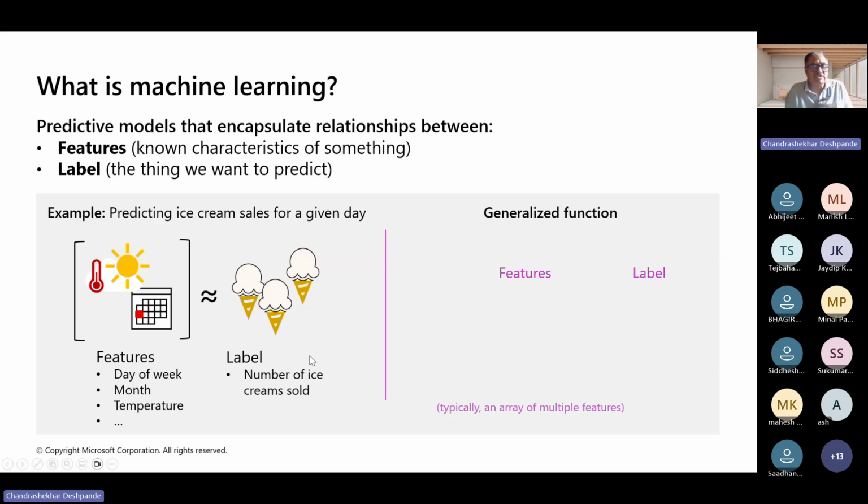I will submit yesterday's information and it will start giving me the prediction for tomorrow. So there we will have to use machine learning. Machine learning goes through the data, understands the pattern, and accordingly creates a mathematical function. And that mathematical function can do the prediction for tomorrow.